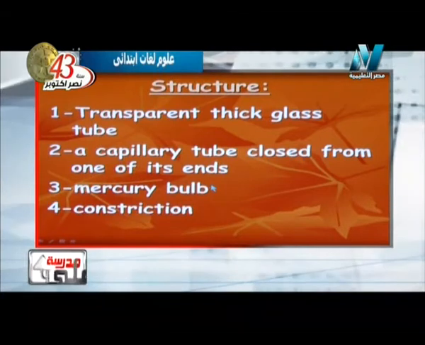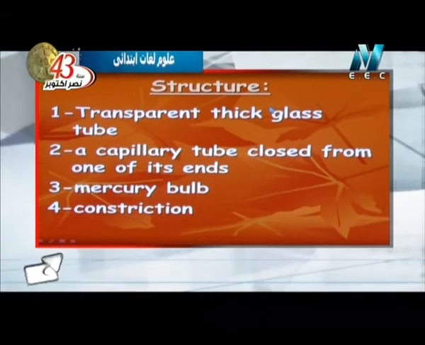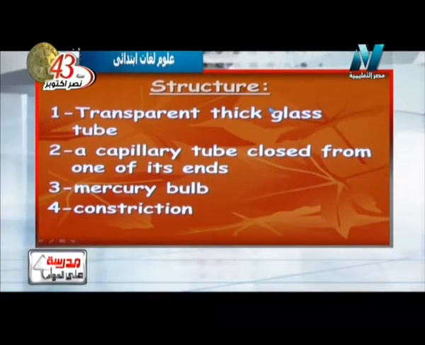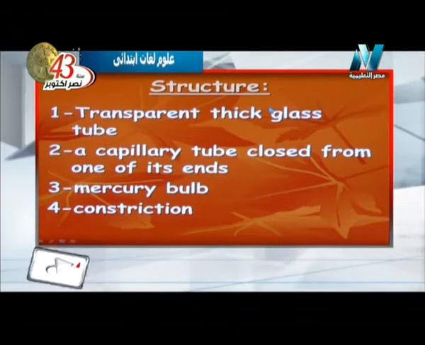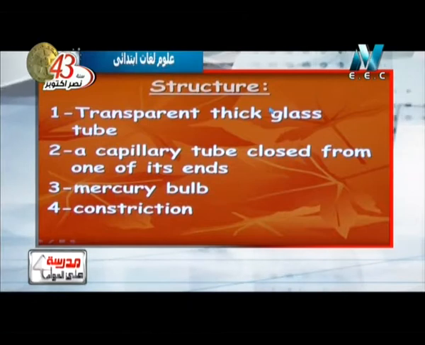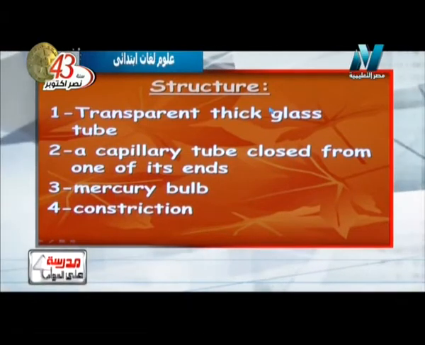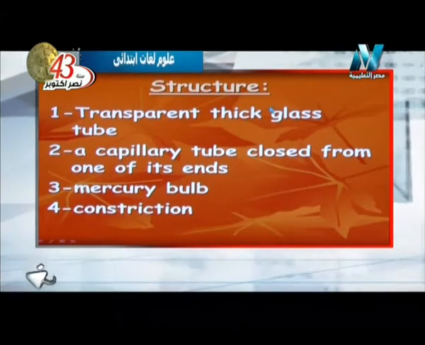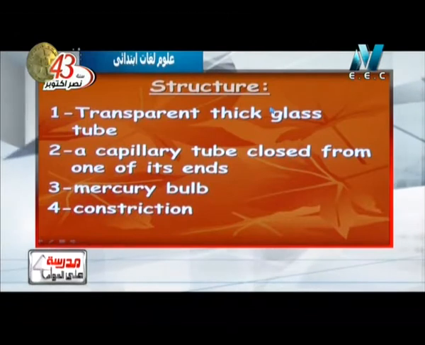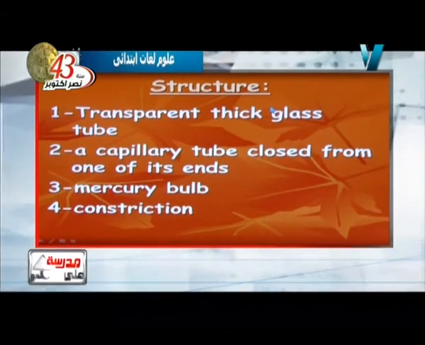Number two, a capillary tube closed from one of its ends. Number three, the mercury pulp. Number four, the constriction. Again, the medical thermometer contains four main things, and the most important thing I think found in the medical thermometer is the constriction.